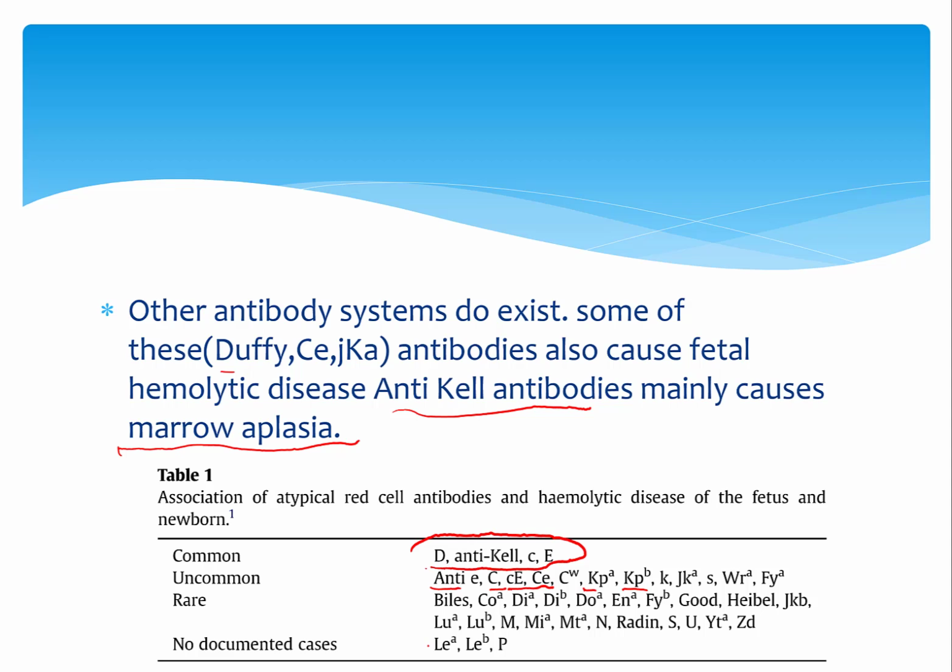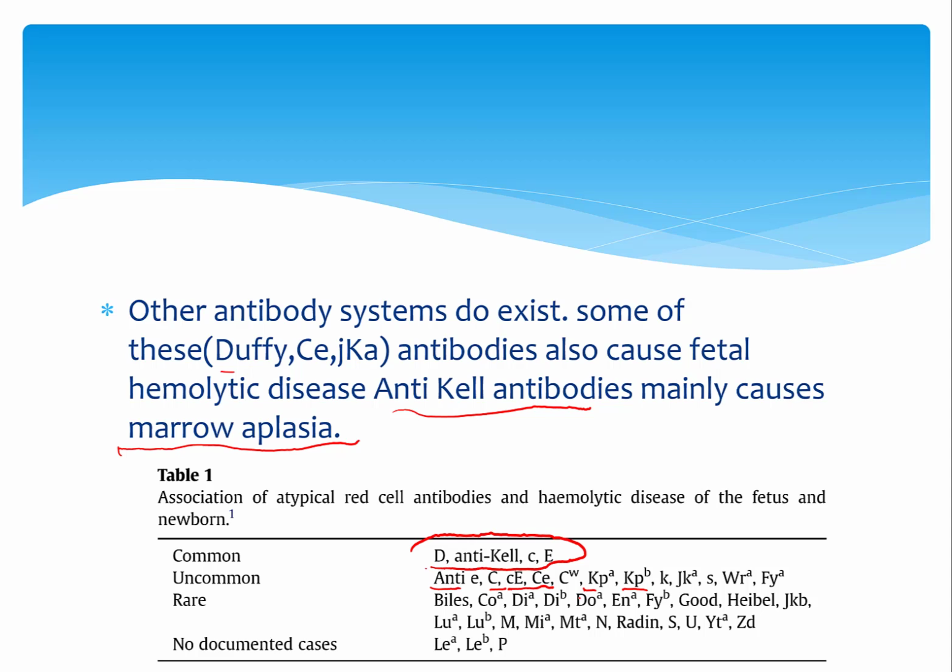All other antibodies will have some sort of an antigen antibody reaction between the mother and the baby. So broadly speaking, when we screen somebody, we should really be screening everyone for all these combinations of antigen antibody. But since it is not very economical, we generally screen only for anti-rhesus antibodies. Others are done if the rhesus system is not there, but if there is evidence of hemolysis only.